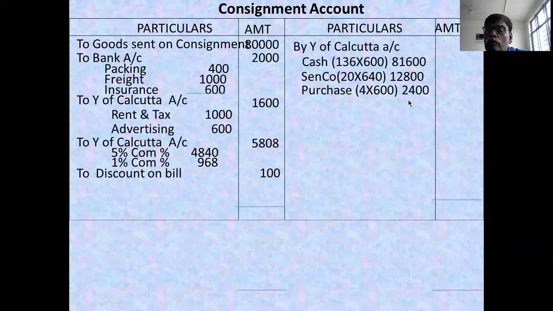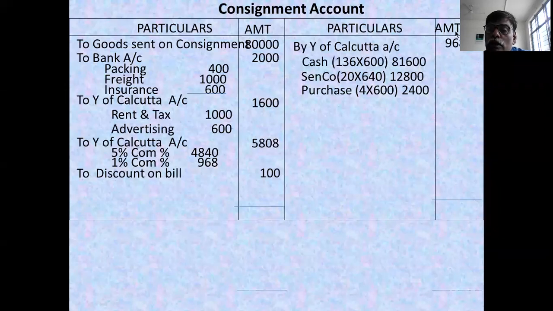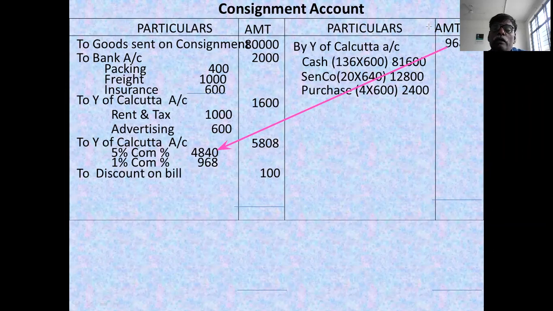You take the total of this. The total of this is 96,800. On this 96,800, you calculate 5%. 5% of 96,800 is 4,840. 5% commission.